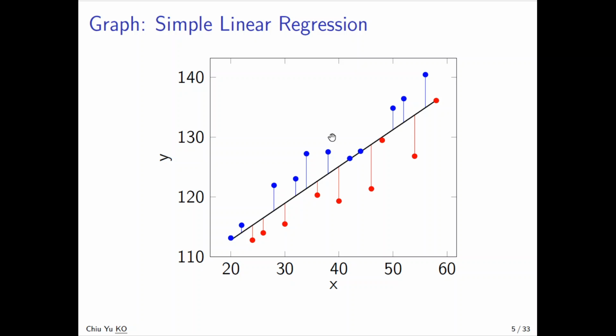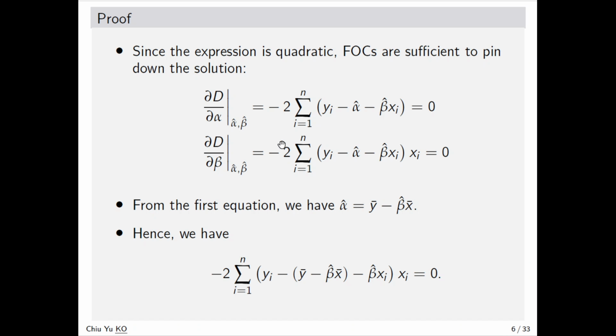Okay, so now we are going to show you why this holds. We use calculus to show you the derivation. So we differentiate this expression with respect to alpha and beta, because it's quadratic.